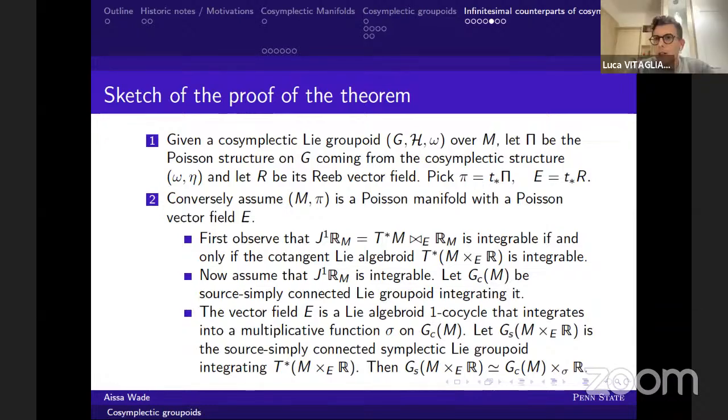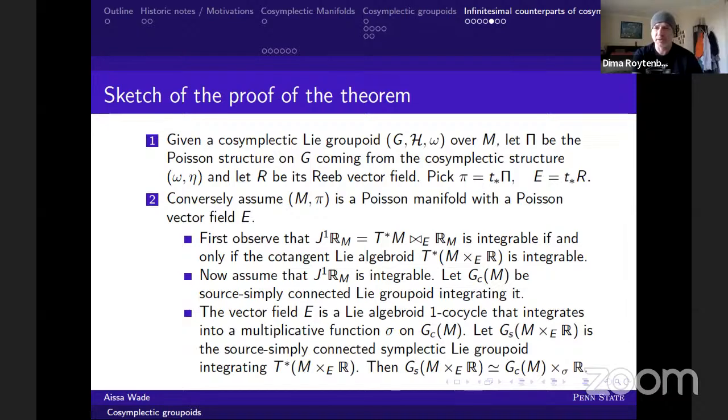You can either consider forms on this gauge algebroid with values in the line bundle itself, or with values in the trivial representation, in the trivial line bundle. In one case you get contact, in the other case you get cosymplectic.